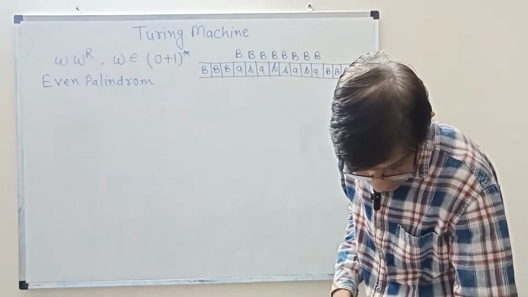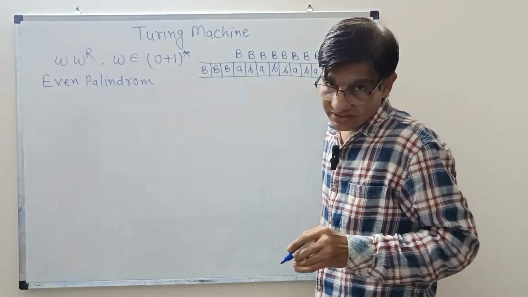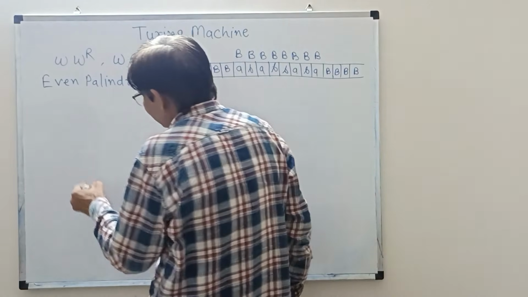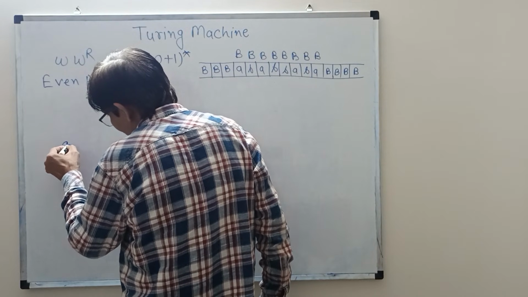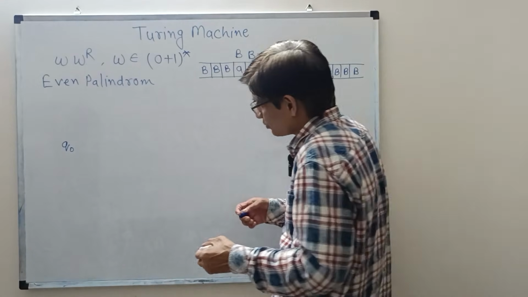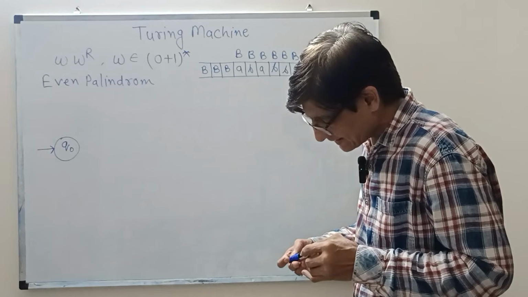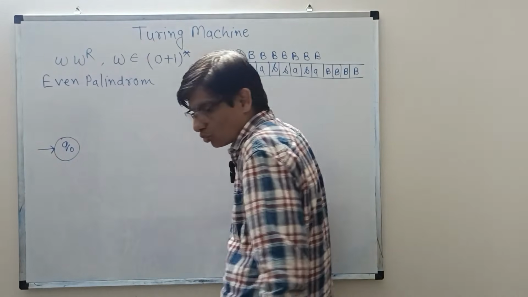So now you can see, my friend, every Turing machine will be in some particular initial state. So let's consider this initial state as Q0. Now, as it is the initial state, I will represent it as a circle with an arrow.